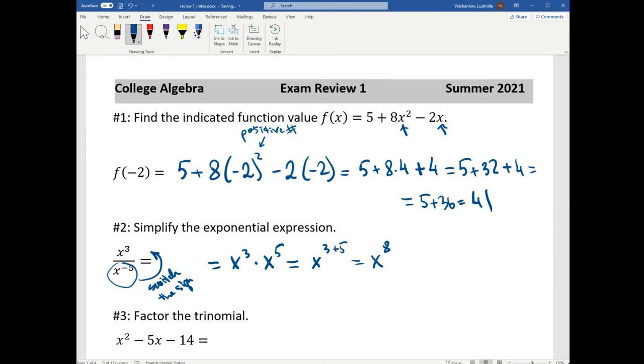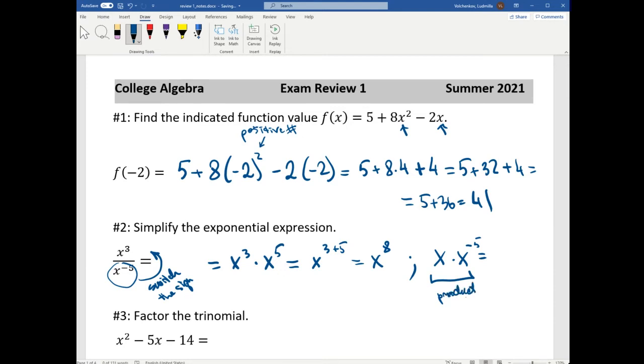So if we have, it can be a product like x times x raised to the power -5. Then this is also a product.